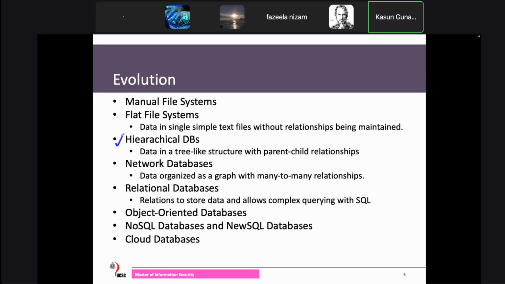There is a major limitation in that a child record can have only one parent, and parents can have many children. So it's a one-to-many relationship between them. There are instances where many-to-many relationships should be maintained. Likewise, there were certain other limitations with hierarchical DBs as well.